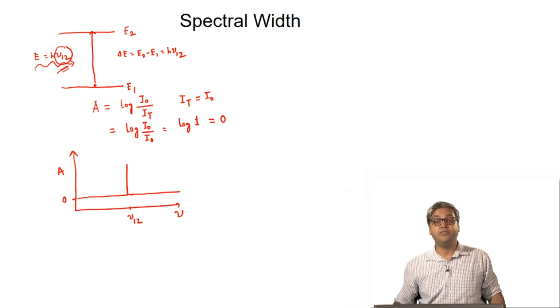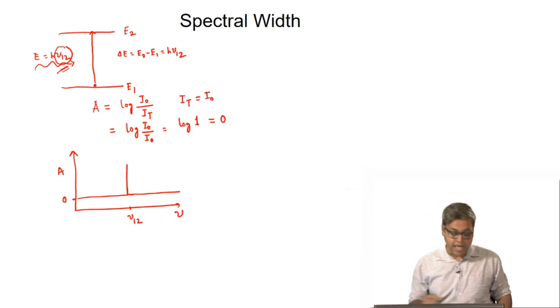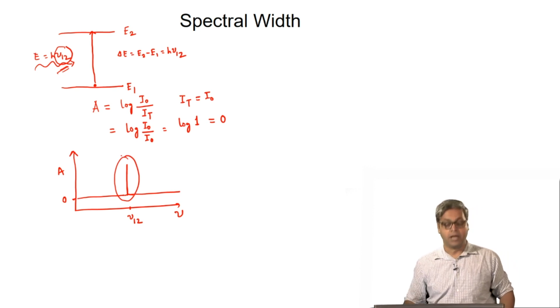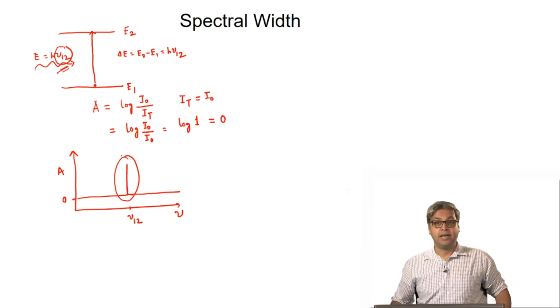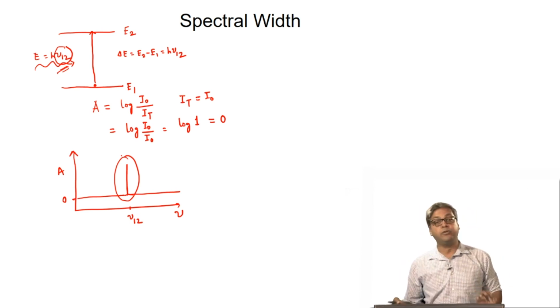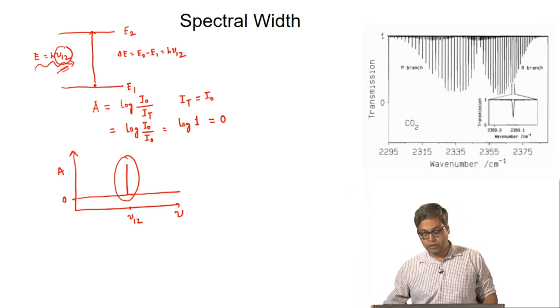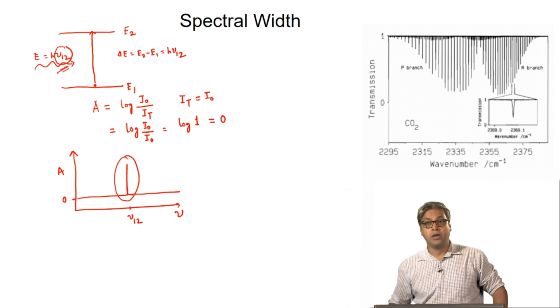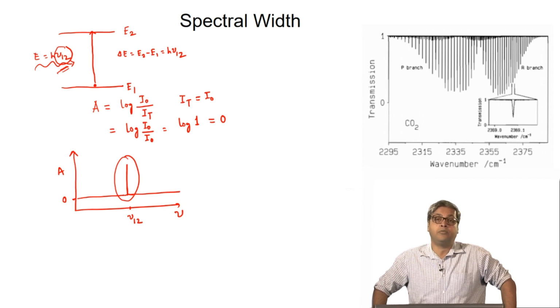However, it has been seen from experiments that the spectroscopic lines are not as infinitely sharp as shown in the plot, but they are more or less broad. Additionally, we should realize that as the light source is polychromatic, that is, the light consists of many frequencies, multiple transitions can be obtained from the same sample. This is a spectrum where the lines are associated with the antisymmetric stretching mode of carbon dioxide.